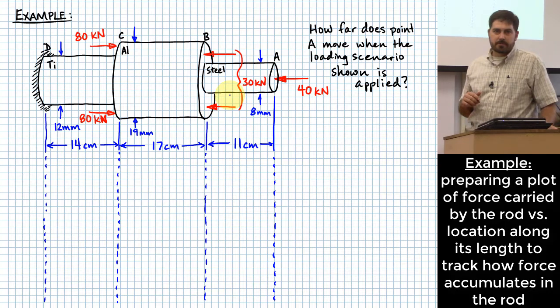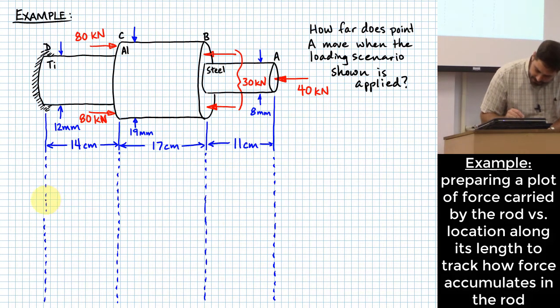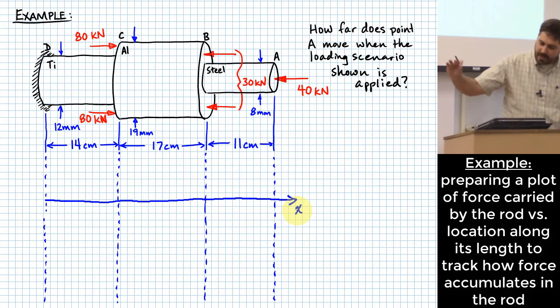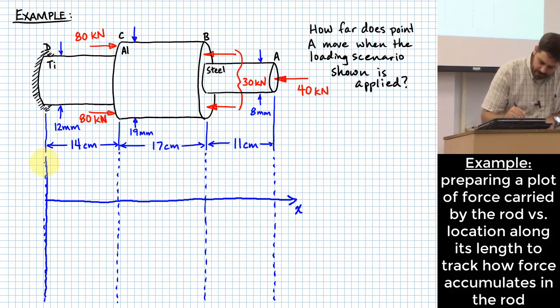Good so far? And what I'm going to do here is make a big old set of axes, where this axis, I'll call it X, a spatial axis along which this thing acts, and on the vertical axis, I'm going to call that force, or just F, and I'll put that in kilonewtons.